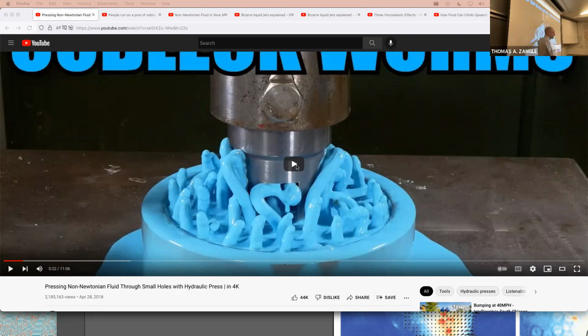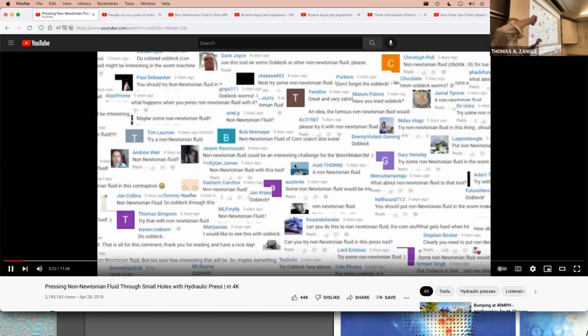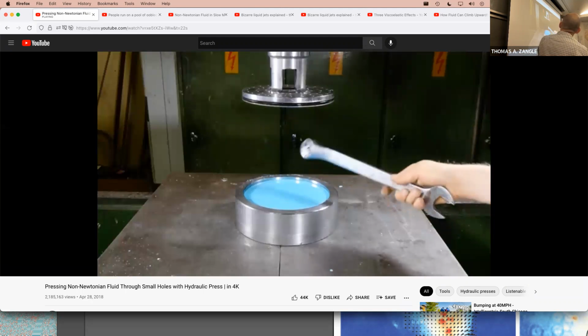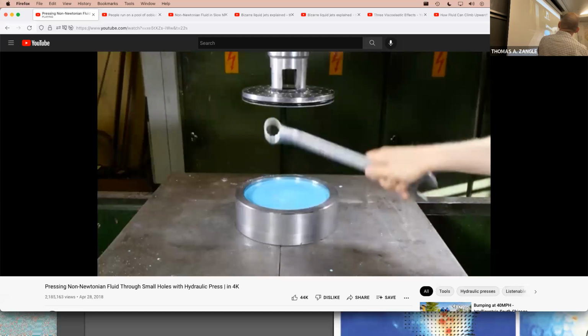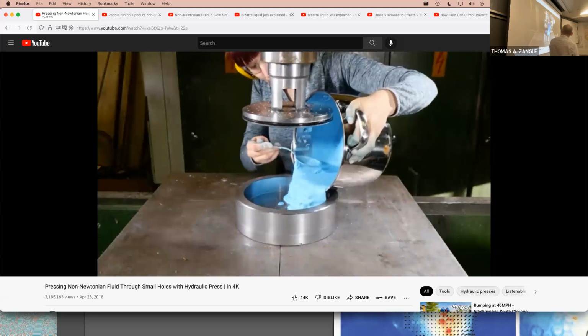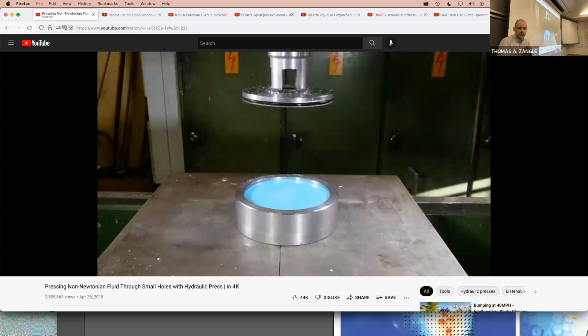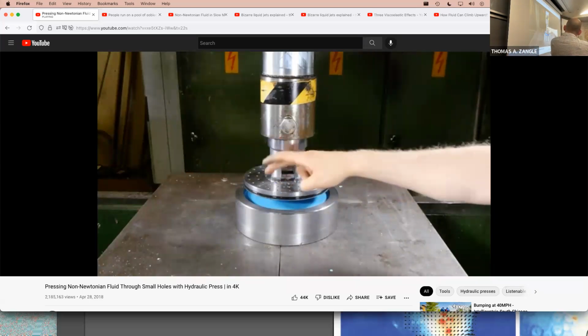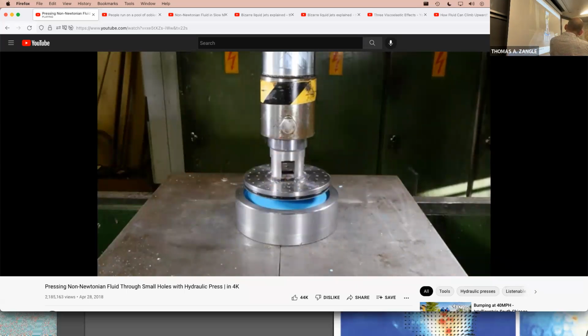Non-Newtonian fluid. This is oobleck. So remember, a mixture of cornstarch and water being pressed through holes in a hydraulic press. It's hard when you hit it, but liquid when you move it slowly. So it's interesting to see how well it goes through these holes when we press it at full speed.